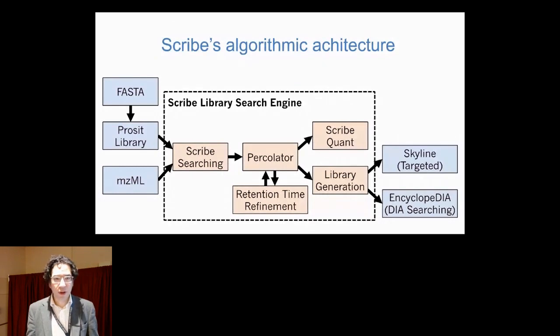So a lot of the focus has been on using Scribe as a library generation tool for other techniques, for feeding into data independent, or DIA-based analysis, or targeted analysis using Skyline. These library generation tools have become the bread and butter of our workflows. And I want to talk to you about how deep learning has changed how we've been analyzing DIA data too, from the same framework.